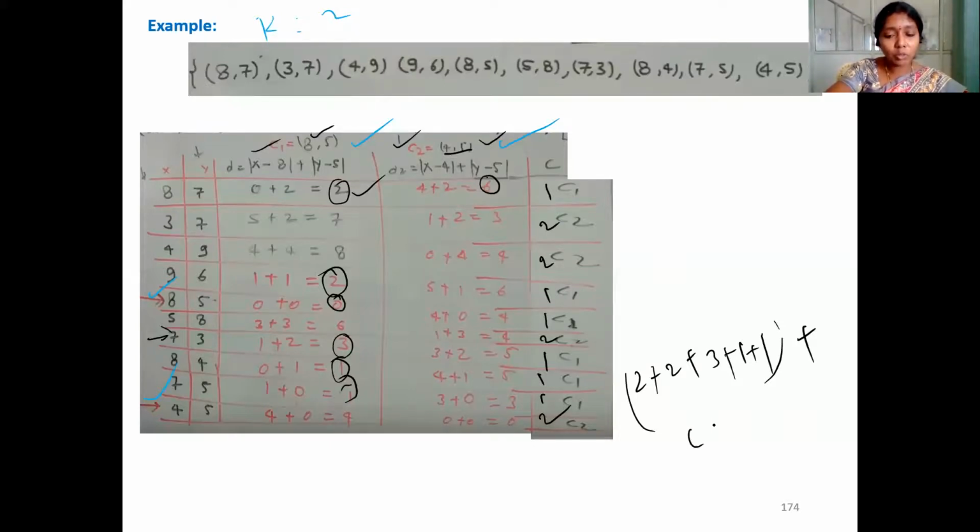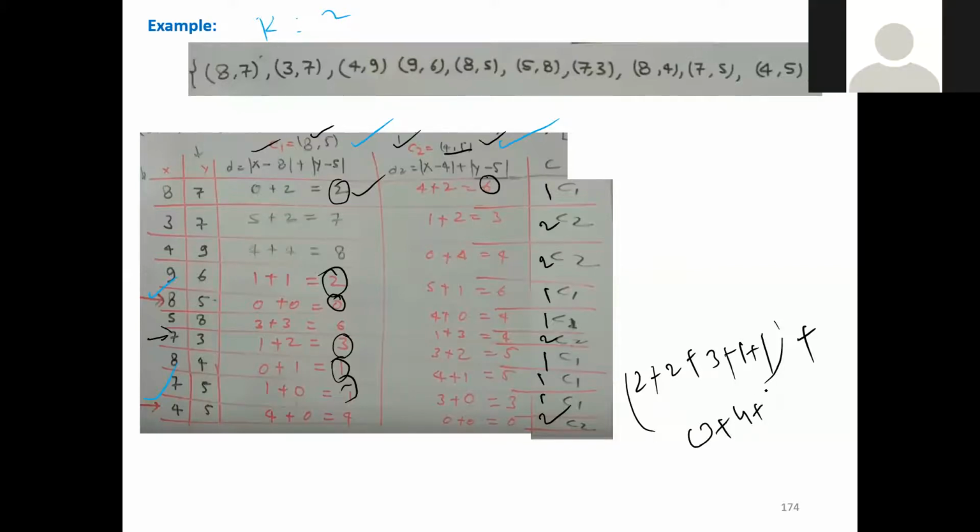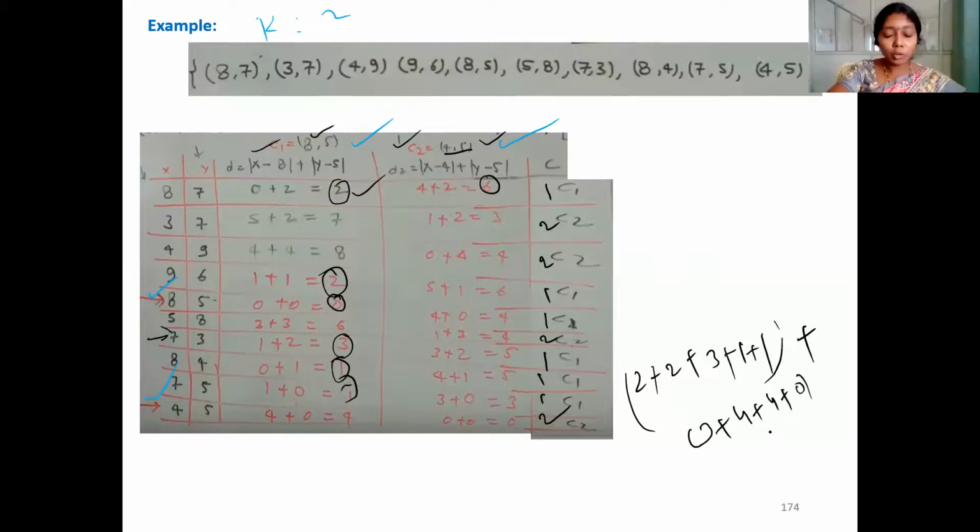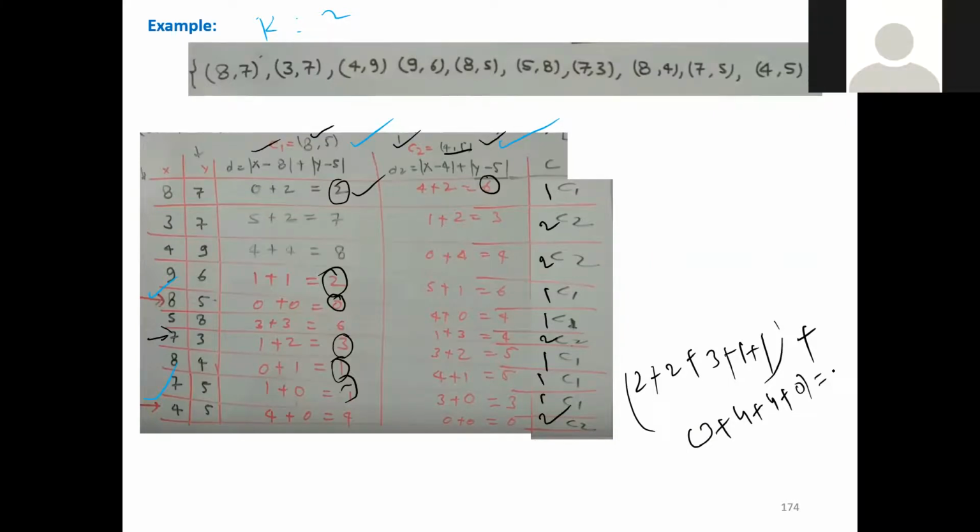And what is the cost of cluster 2? 3 plus 4 plus 4 plus 4 plus 4 plus 0, ma'am. So you need to add these two. What is the total value we have? 8, ma'am. 8.